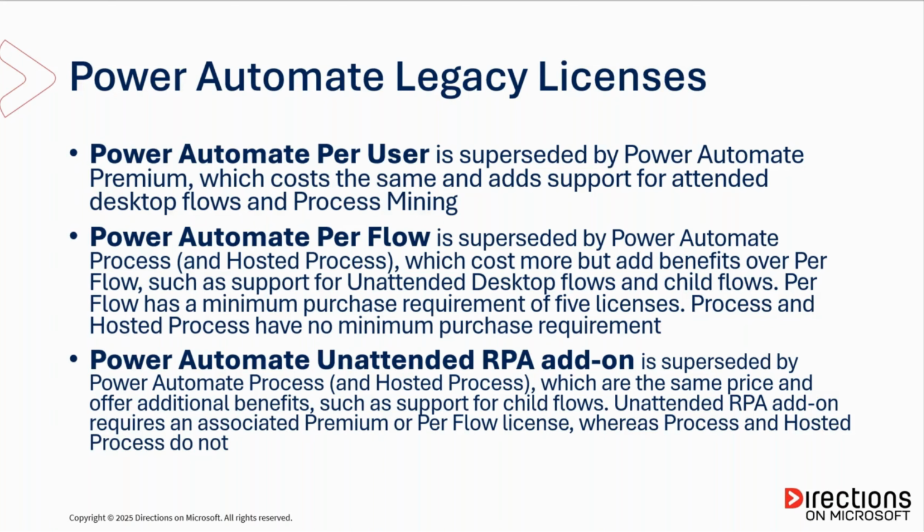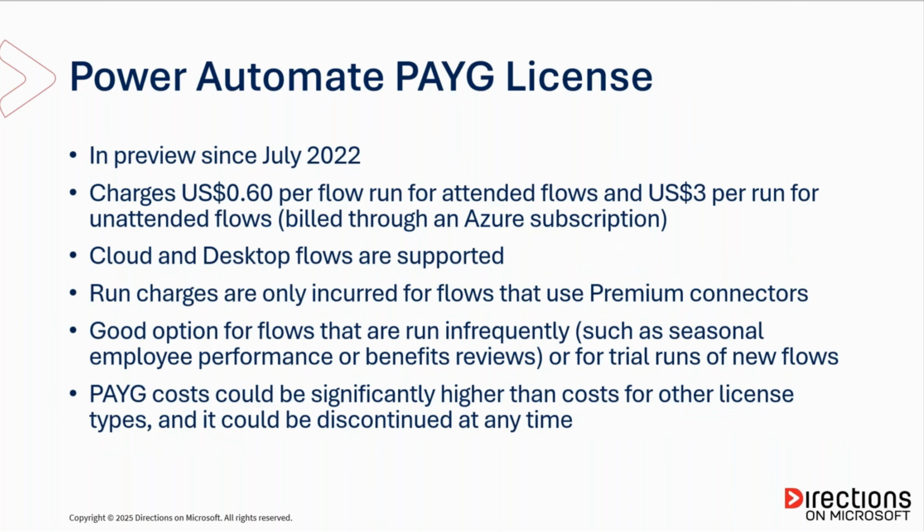That's superseded by Power Automate process and hosted process. Same price, but the newer license offer additional benefits such as support for child flows. Furthermore, unattended RPA add-on requires an associated premium or per flow license, whereas process and hosted process do not. You can run them standalone without having an underlying premium or per flow license. So those are all legacy.